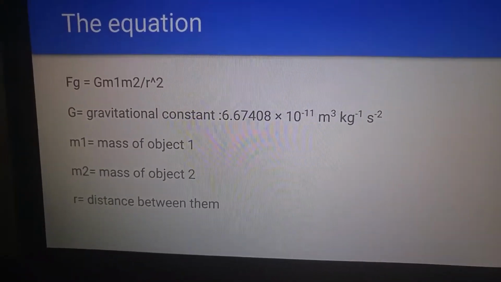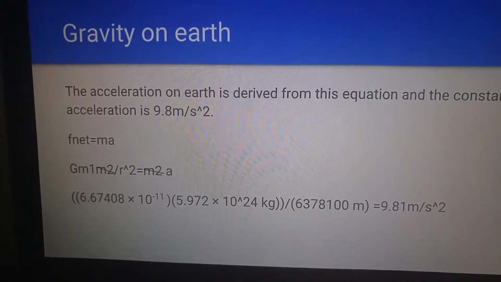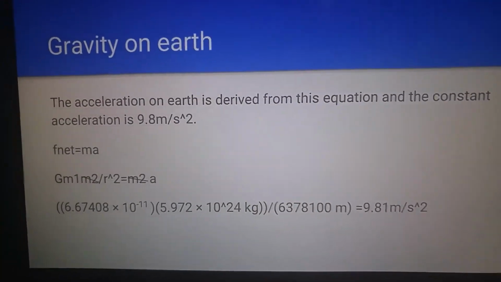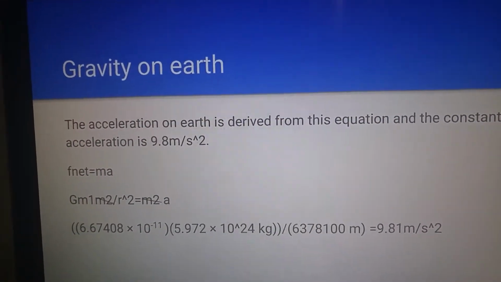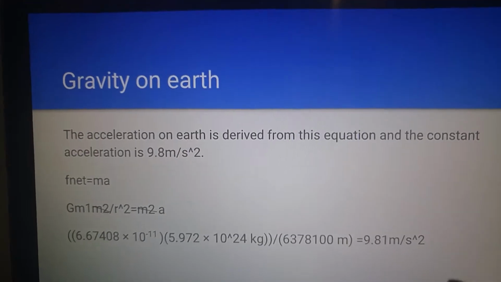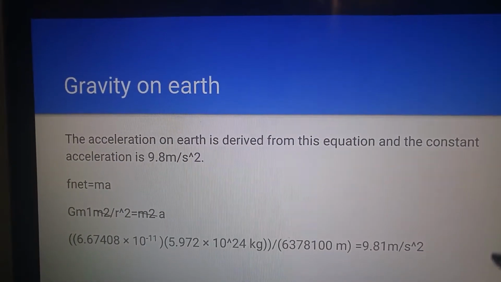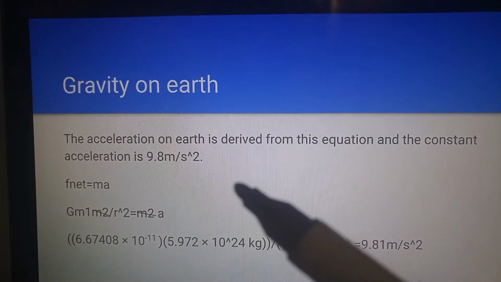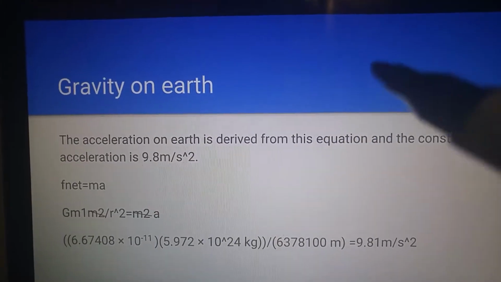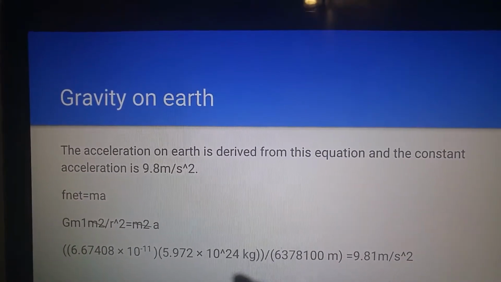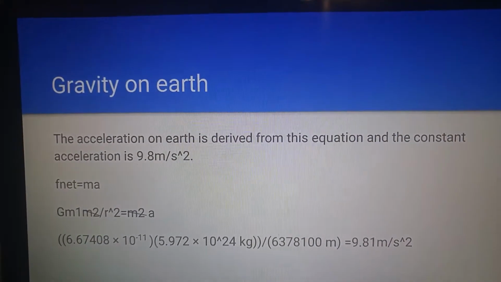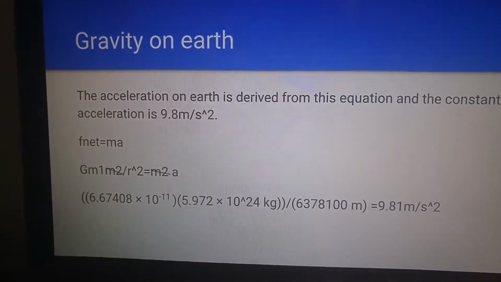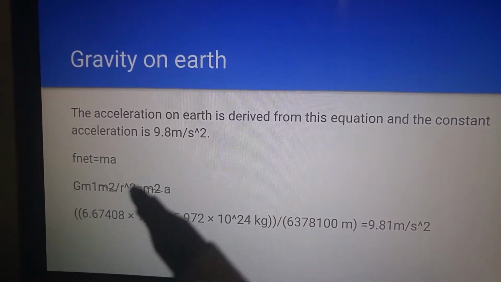So, going to the next slide. Gravity on Earth. I'm hoping most of you know that the acceleration of gravity on Earth is 9.8 meters per second squared. You might have used it in your previous problems and other chapters, but here we'll try to find out why it's 9.8.